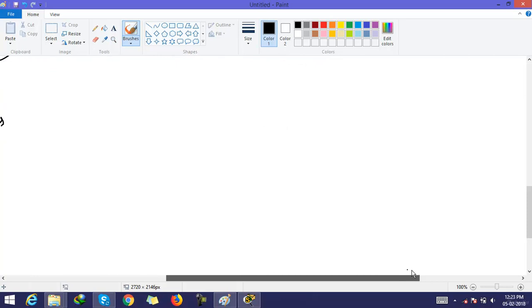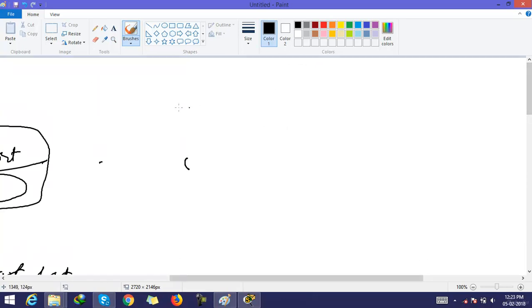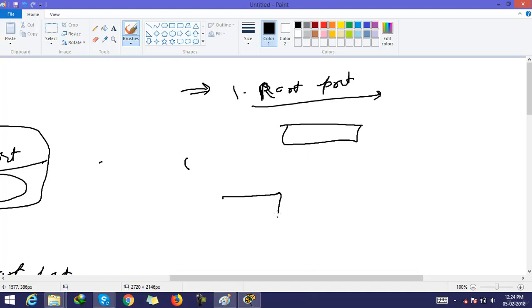Now, how does the bridge elect the root ports and designated ports? The first one is root port. Now we are checking the process of how STP elects the root port. For example, this is our scenario.